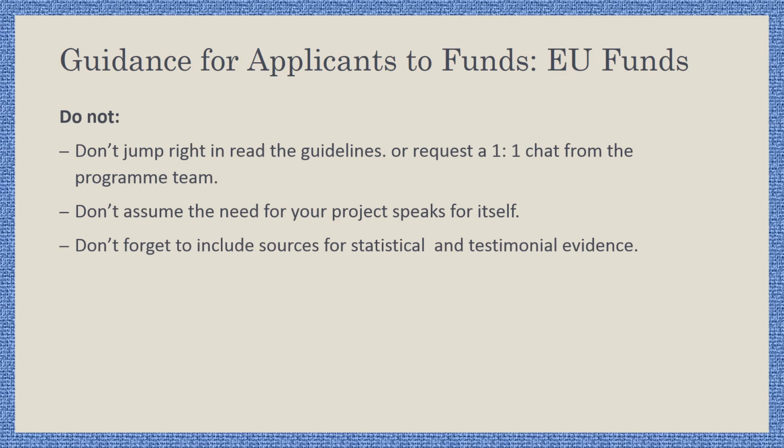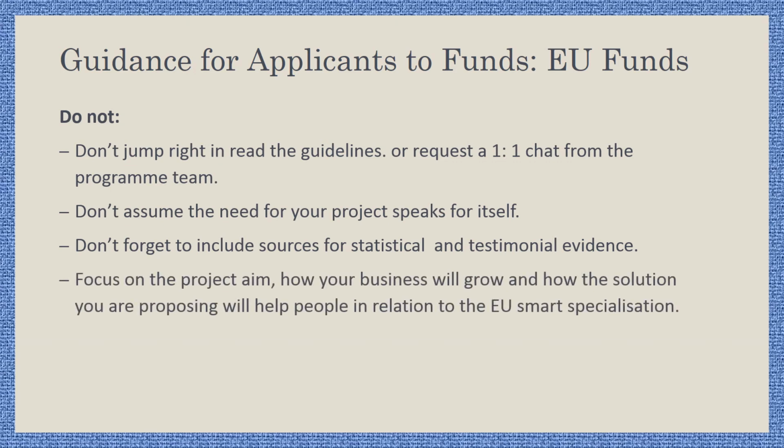Don't forget to include sources for statistical and testimonial evidence in the correct format, hopefully. Focus on the project aims, how your business will grow and how the solutions you're proposing will help people in relation to EU smart specializations. These are EU funds I'm talking about.